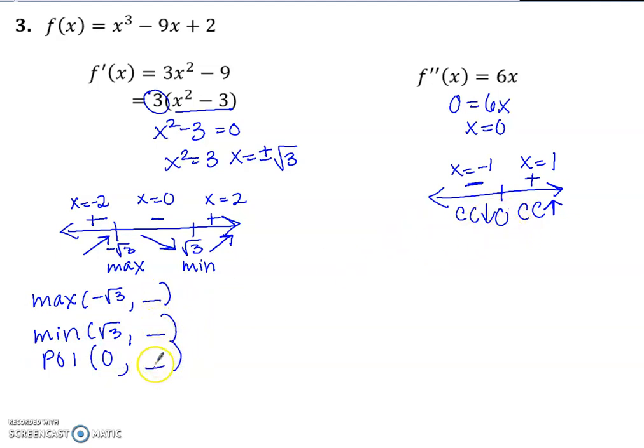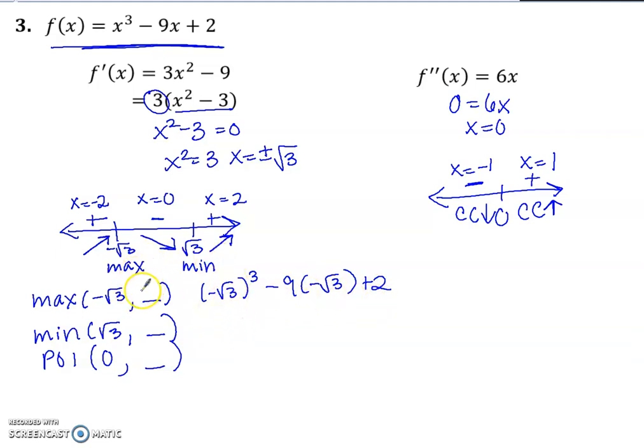Okay, to find these y values, we go back to the original function because that's what we're graphing. So I'm going to plug in -√3. Okay, with this, since we're graphing, I'm fine with us getting a decimal here, so we can use our calculator and type this in and piece it together.